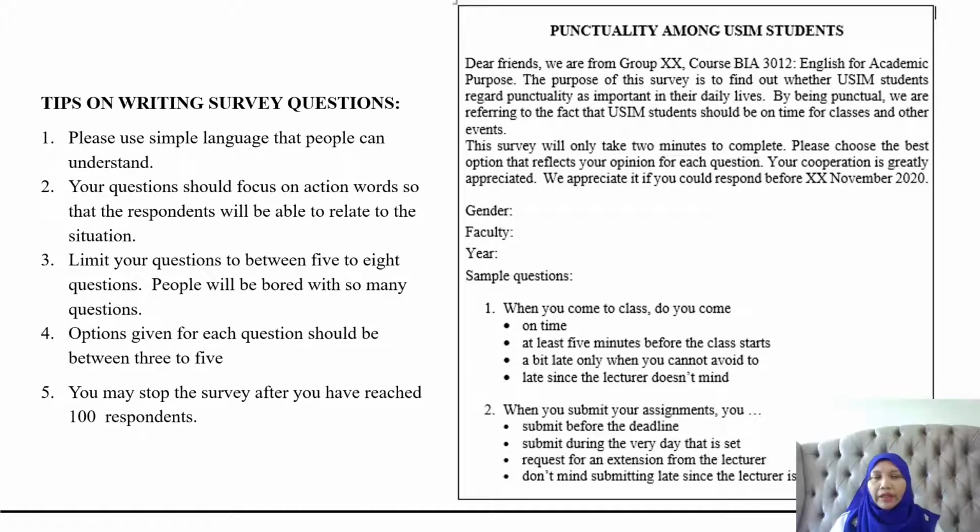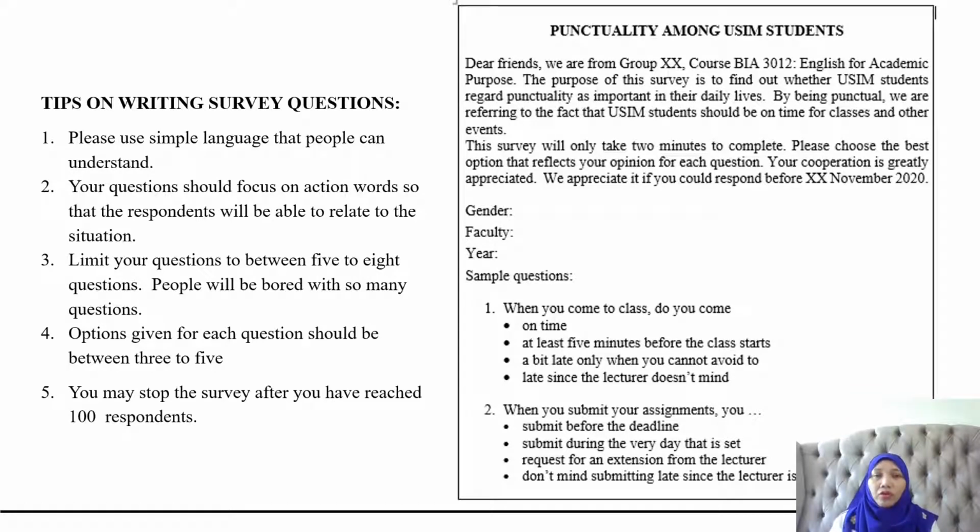Bullet number 3, a bit late when you cannot avoid to. Now, this is the 50-50 kind of person. You know, I think I can be late, it's okay, because I cannot avoid it, alright? And then late since the lecturer doesn't mind. If the student chooses that, you know that he has a negative attitude. I use he, because usually guys are late, okay?